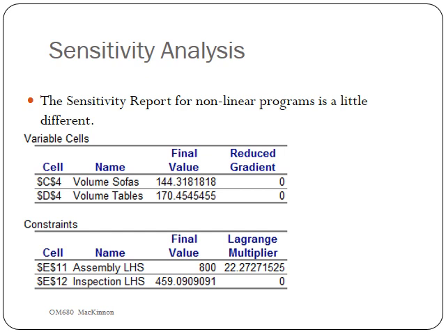So the sensitivity report, if we want to do a sensitivity analysis, is a little bit different for nonlinear programs. In the variable cells, we have a parameter called the reduced gradient, and this will be 0 if the variable does not lie at a boundary.